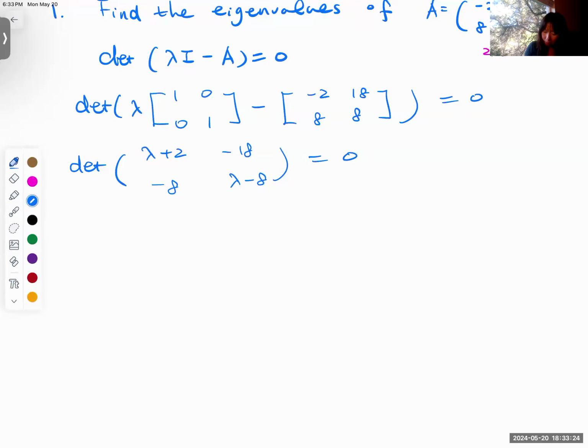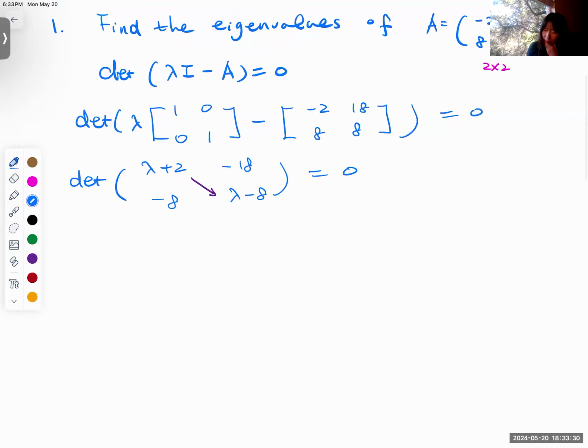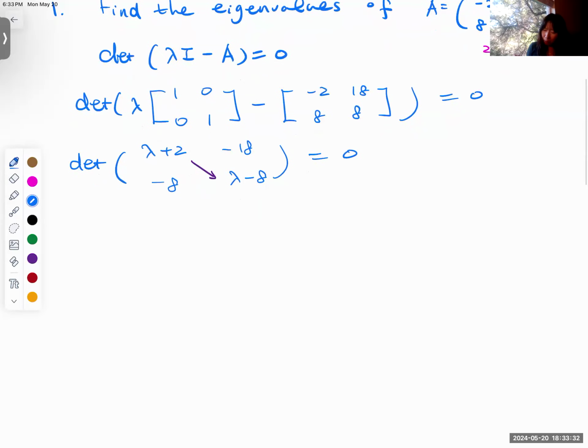So multiply this way. So we have lambda plus 2 times lambda minus 8, minus, then we have -18 times -8, right?